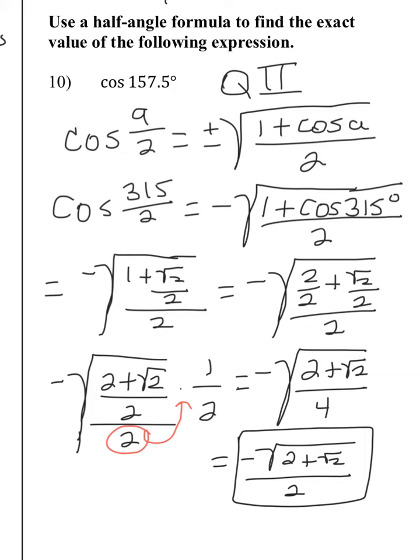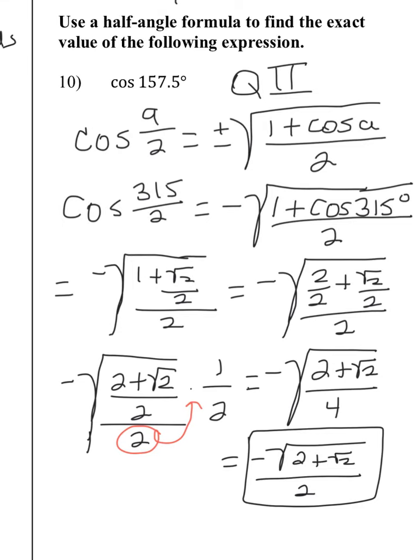Okay, so the last problem on the review is a half angle formula problem, similar to the one that you did on the last test. I want to go through this step by step because we seem to have a lot of trouble with this problem. That's why we are repeating it again on this test.